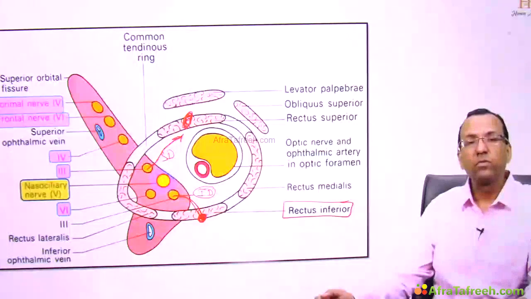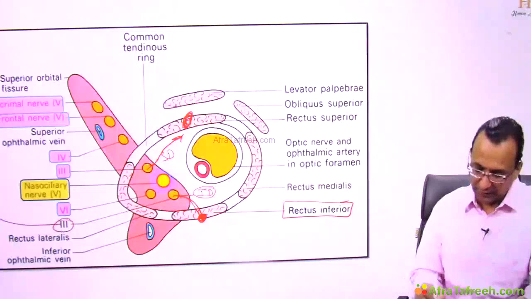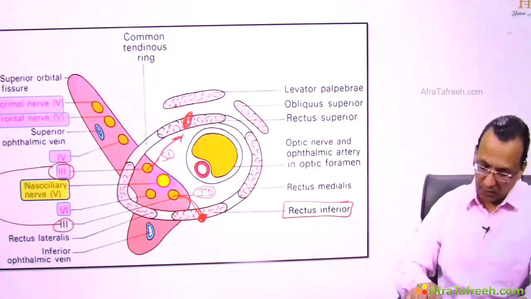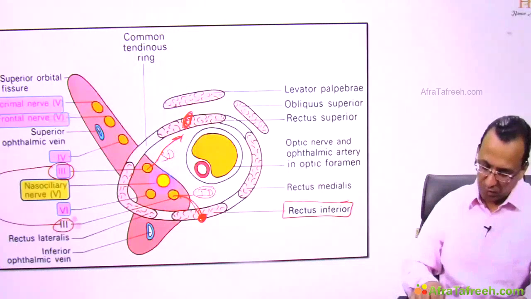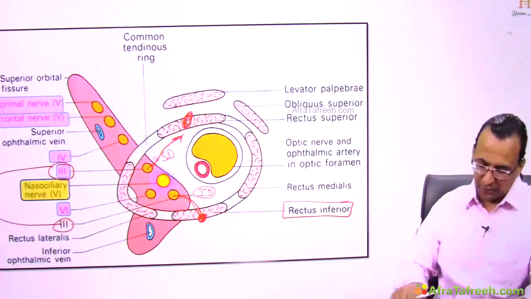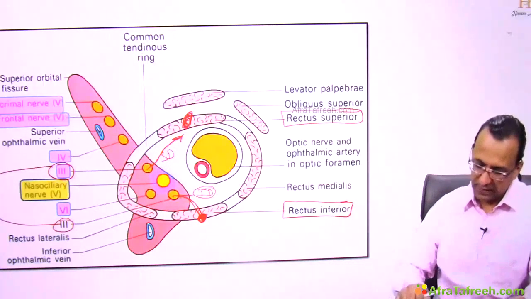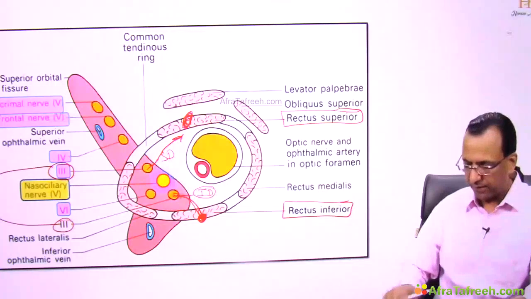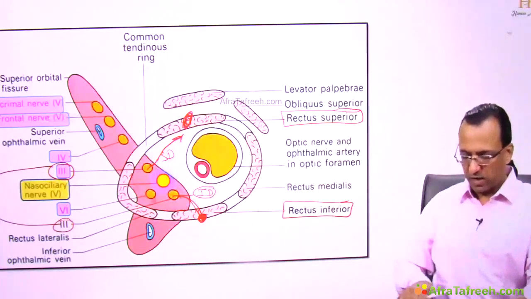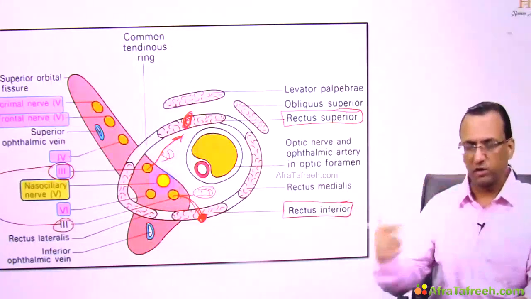Understand, when the third nerve is passing through the ring of Zinn, it has 2 divisions: a superior division to supply the superior rectus, and an inferior division which supplies the inferior rectus. Okay, so there are actually 4 nerves inside the ring of Zinn now. Yes, 2 divisions of oculomotor are also there.